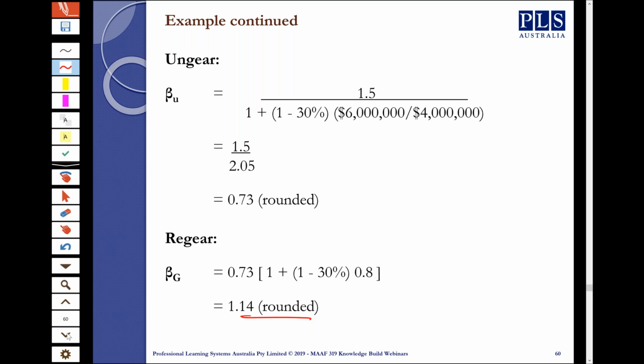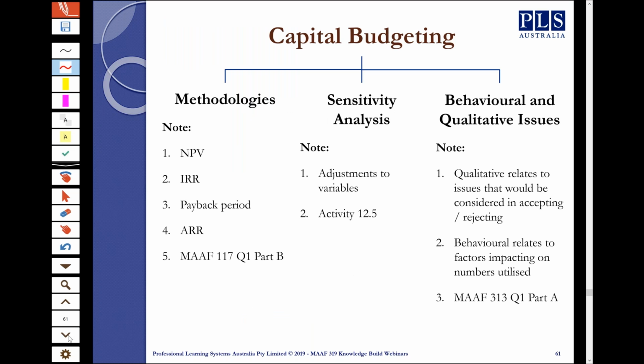You'll then find as we build out of that that we come across into our capital budgeting area. With respect to capital budgeting, we've got our different methodologies: net present value, internal rate of return, payback and accounting rate of return. You'll find in 117 this was a theoretical, qualitative question, where you had to work out and describe which was the most appropriate methodology to employ.